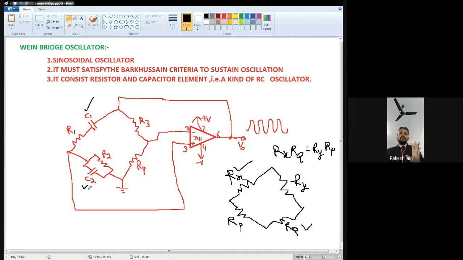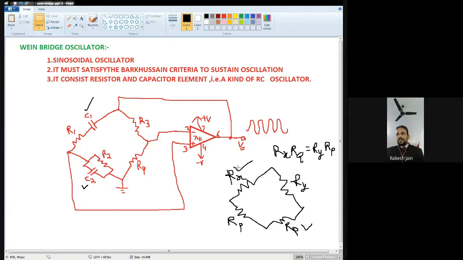So instead of using the terminology that the opposite arm resistance multiplication must be equal to the remaining arm resistance multiplication, we must use the term impedance, because a reactive element is also there. So what should be the balance condition now? The balance condition of this Wein bridge feedback network must be such that the opposite arm impedance multiplication must be equal to the remaining opposite arm impedance multiplication.